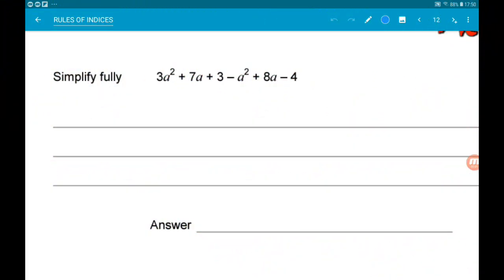Okay, final page, simplify fully 3a squared add 7a add 3 minus a squared add 8a minus 4. So this is really just collecting like terms. So let's start with the a squared. We have 3a squared minus 1a squared, that's 2a squared.